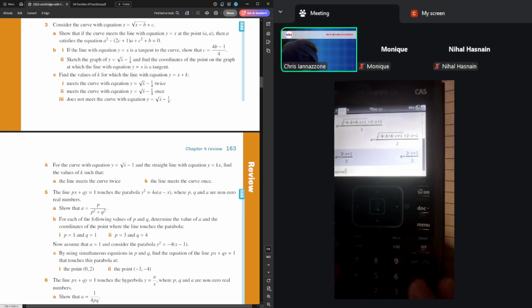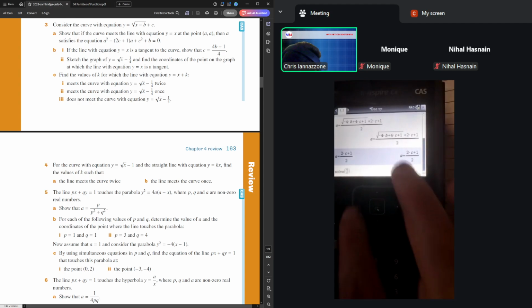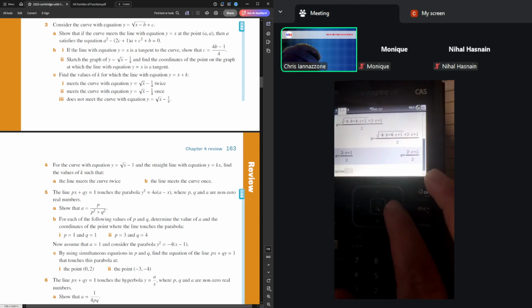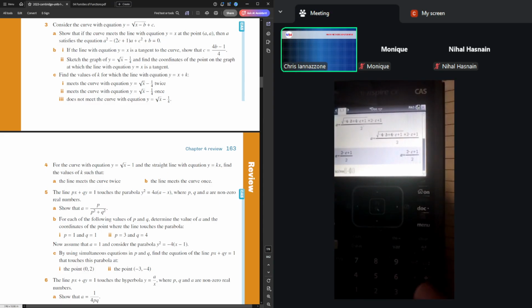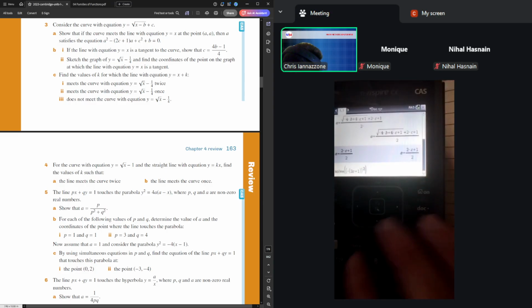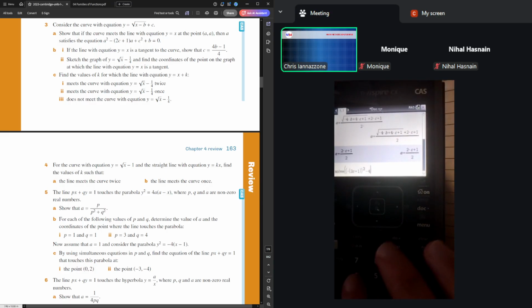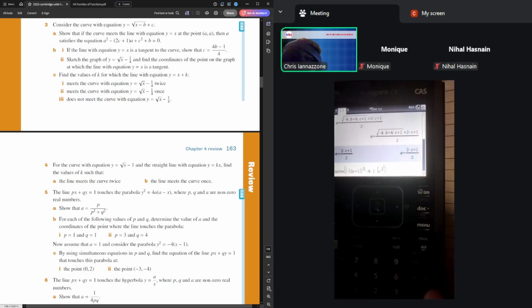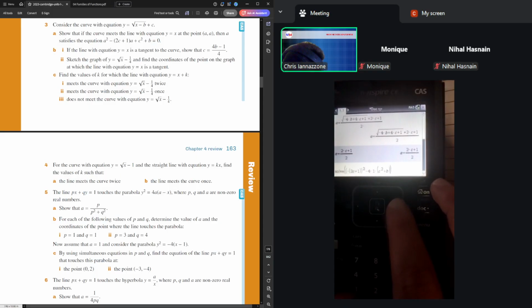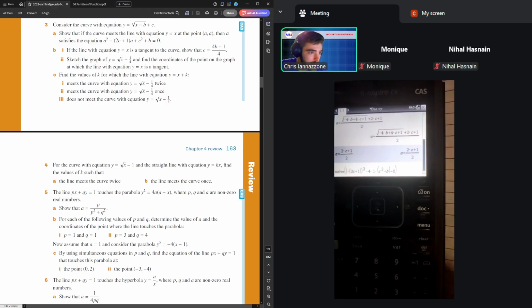So b squared, so that'll be double bracket negative 2c plus 1, so b squared minus 4 times a, which is 1, times c, which is, in our question, c squared plus b. b squared minus 4ac equals 0. And this one is solving for c.